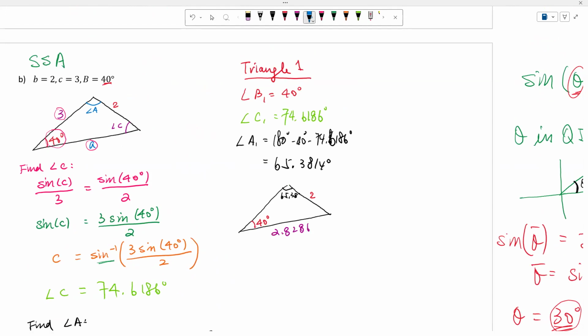We also have this pair right here: this angle is 74.6186, and this is 3 right here.